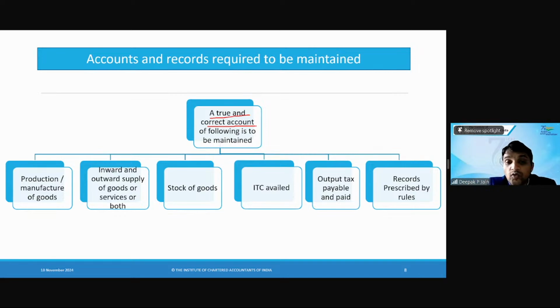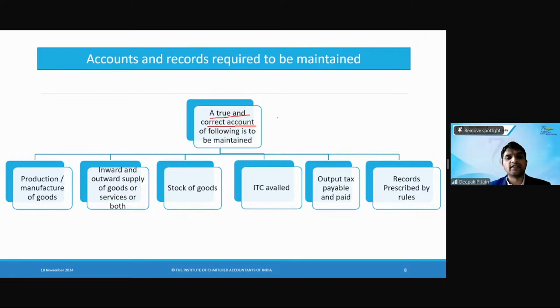Accountant gives a true and fair and correct view. Komal Preet is also giving a correct answer.